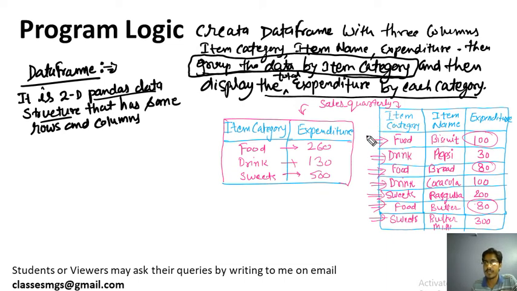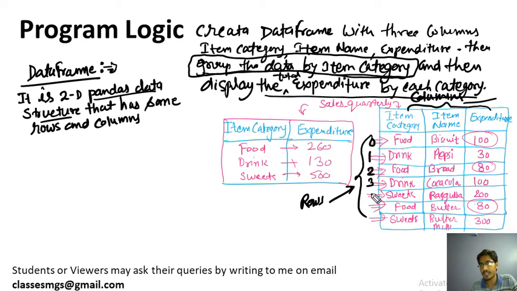These are known as rows, and these are known as columns. So this data frame has how many rows? The index will be like 0, 1, 2, 3, 4, 5, 6. So how many rows are there? Rows equal 7. How many columns are there?